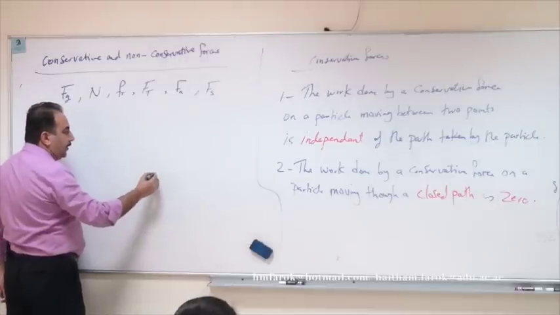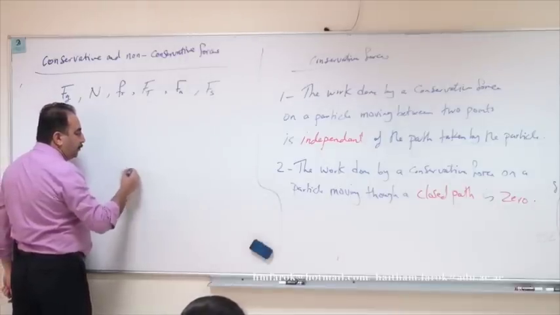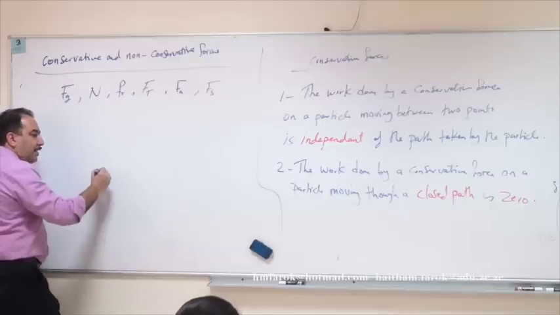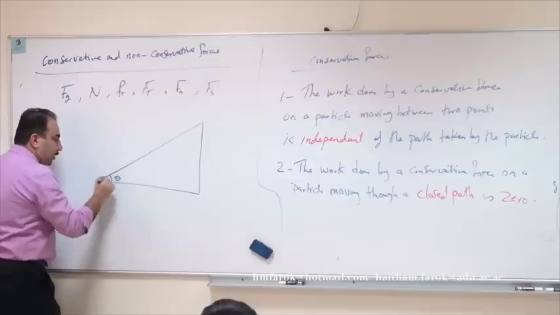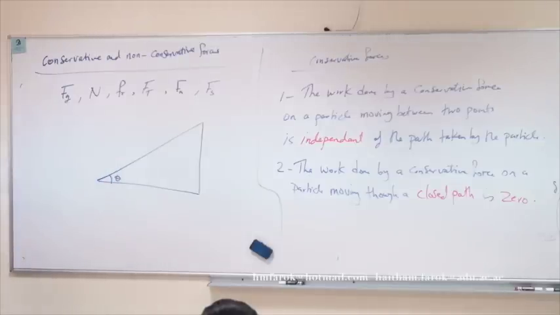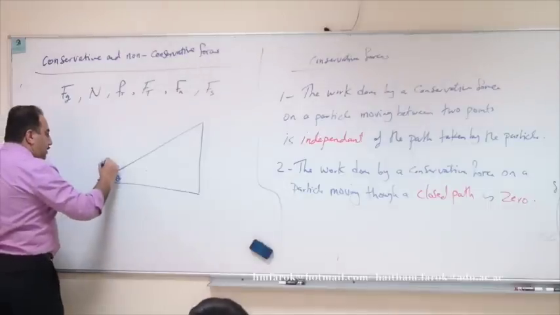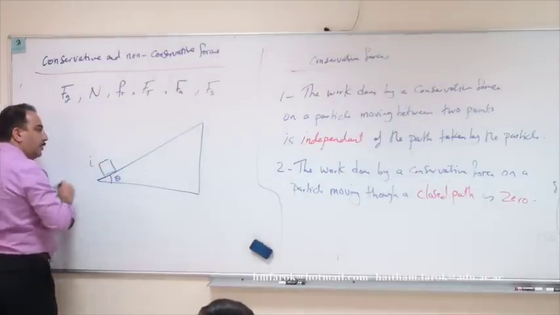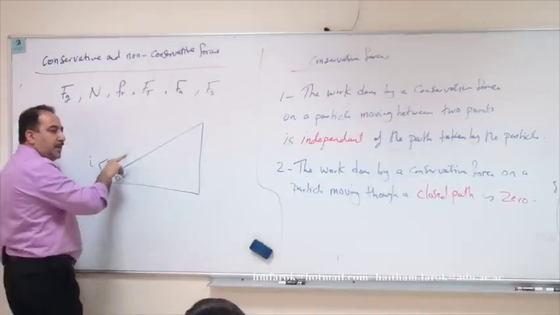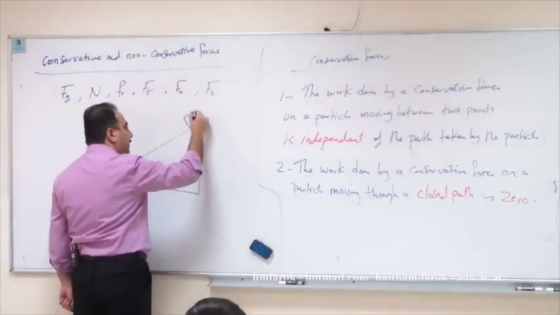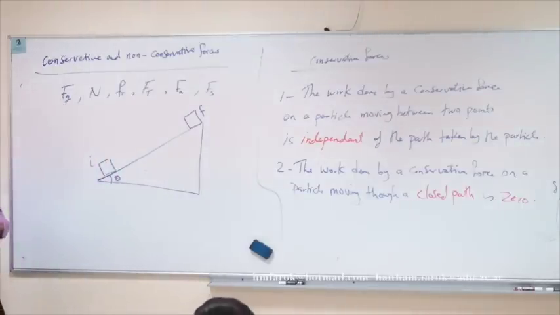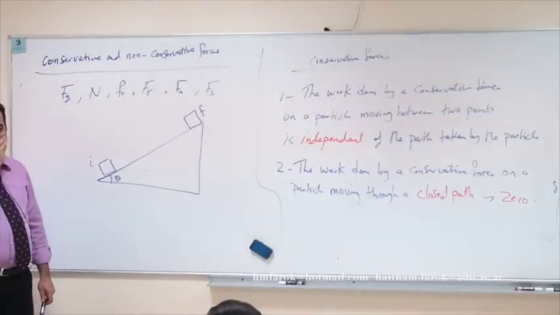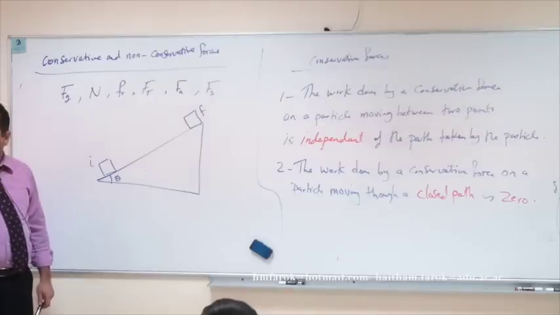Let's say we have an inclined surface, theta, and initially the object is here, and we pushed it up, finally it's here, final position. Now what's the question? Calculate the work done by gravity force here only.